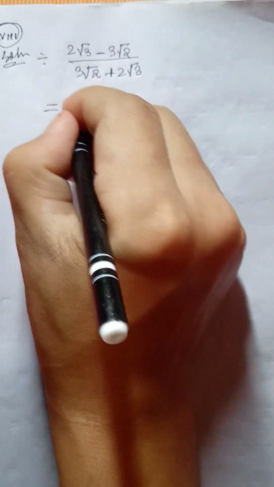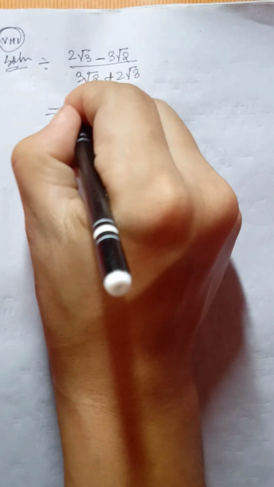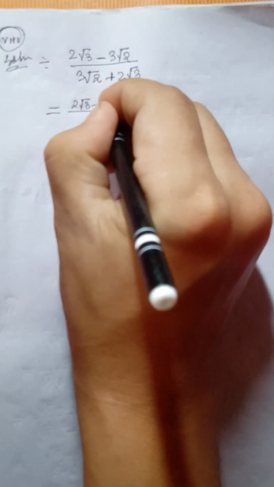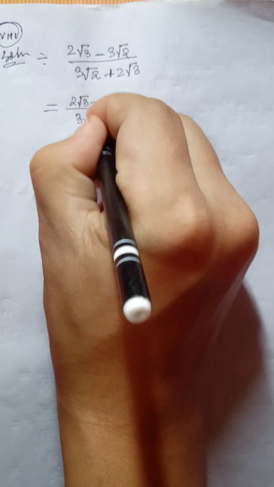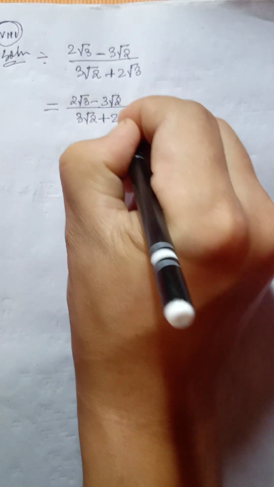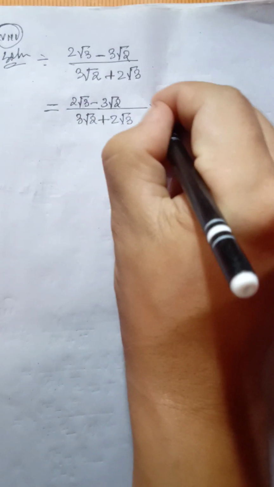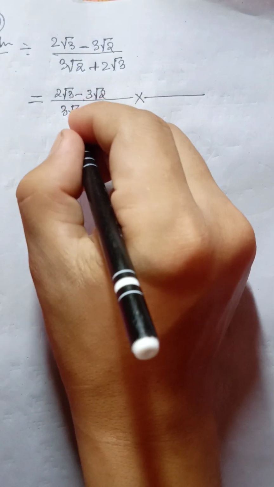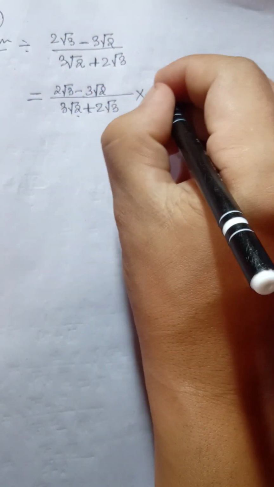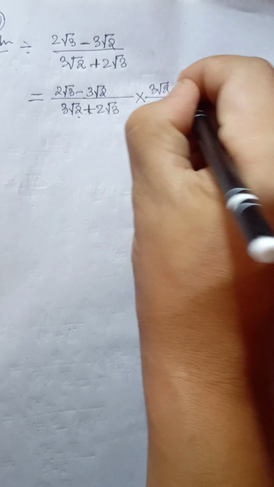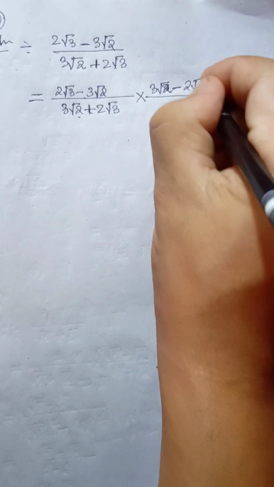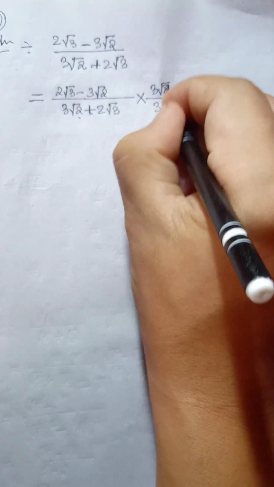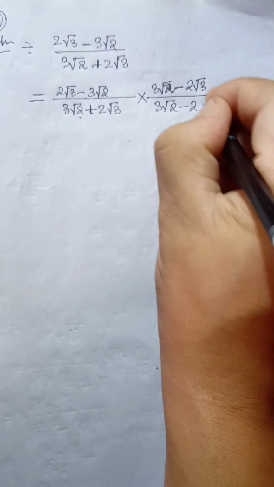Okay, 2 root 3 minus 3 root 2, here it will be 3 root 2 plus 2 root 3. Okay, then in this case we have to convert this plus in the form of minus. Okay, 3 root 2 minus 2 root 3 and 3 root 2 minus 2 root 3.